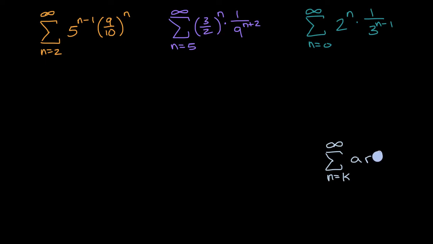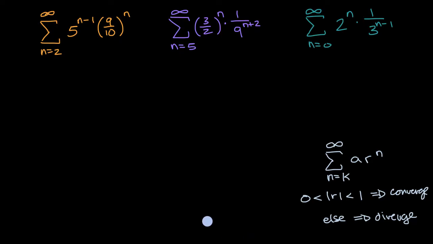We've talked about that in depth in other videos. We know that if the absolute value of r is between 0 and 1, then this thing is going to converge. Else, it will diverge.